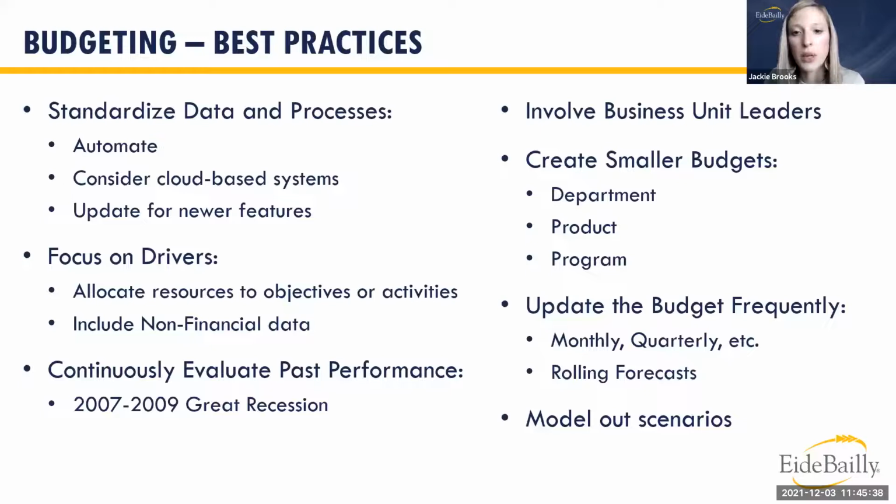So now, using your budget to plan continuously, you want to set up review cycles. That should be an absolute, whether that's monthly, quarterly, or some other frequency, but do it more than just one time a year.